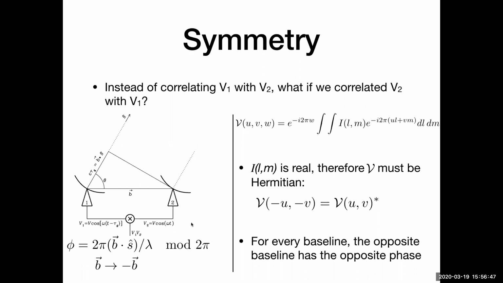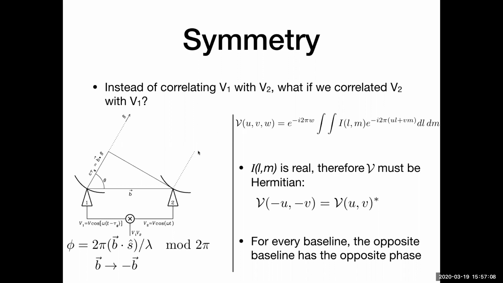Jumping into different wrinkles on different aspects of this, there is a symmetry argument that's useful to know. It comes from the question: instead of correlating antenna 1 with antenna 2, what if we correlated antenna 2 with antenna 1?